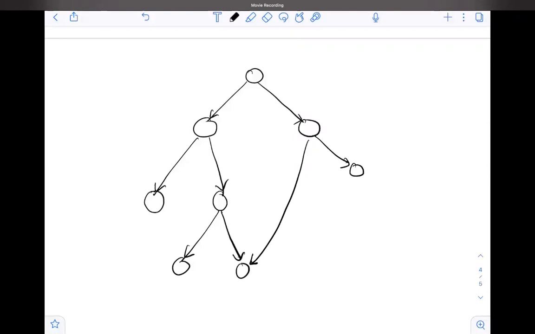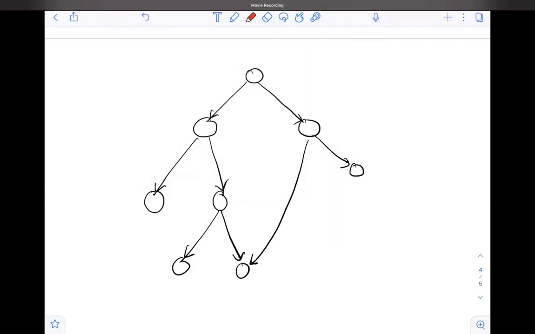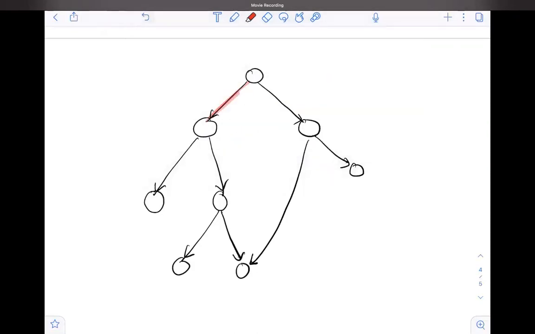Now say that all of these edges have been chosen, and this edge has not been chosen. So this is the graph and the red ones are the chosen ones.